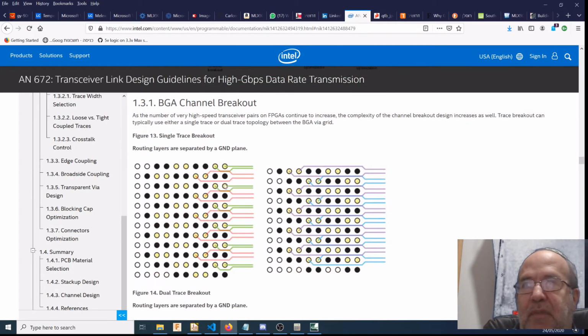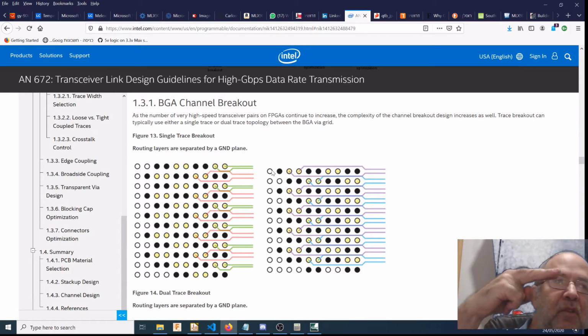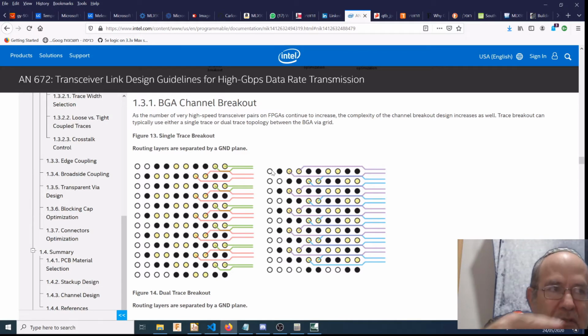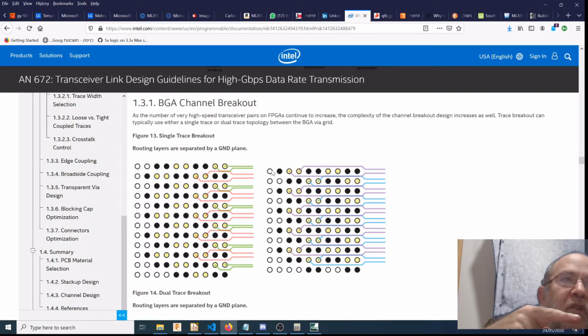Here they're talking about differential pairs which are going out, and they're separated by a ground plane. So you're going to have two pairs, your plus and minus on one layer. Below that you're going to have a ground layer, and below that you're going to have a third layer where the second differential pairs are leaving.